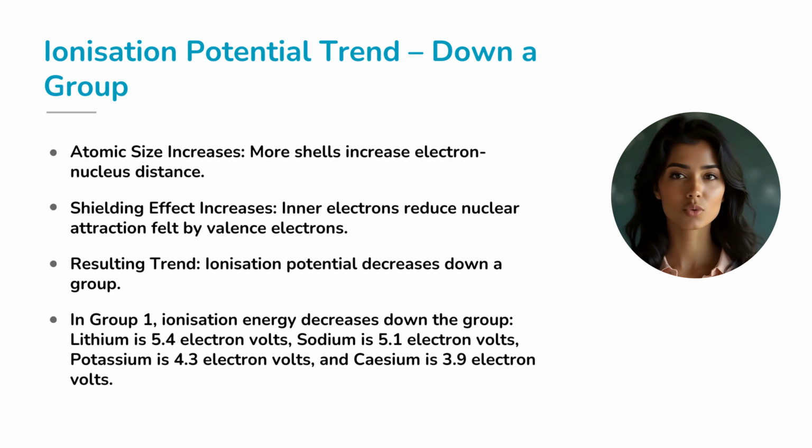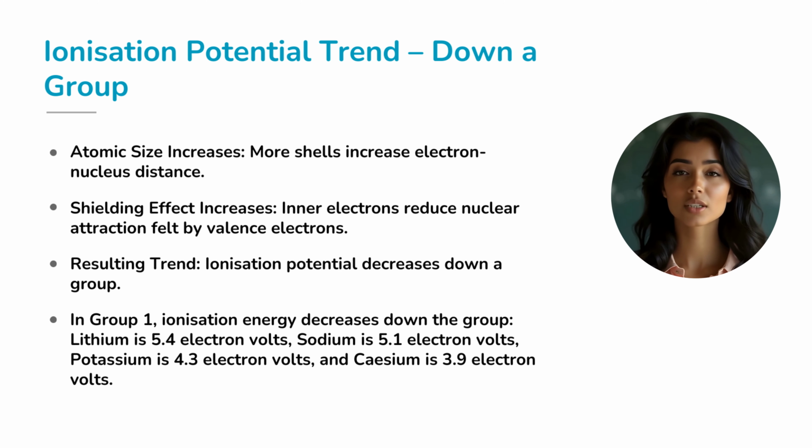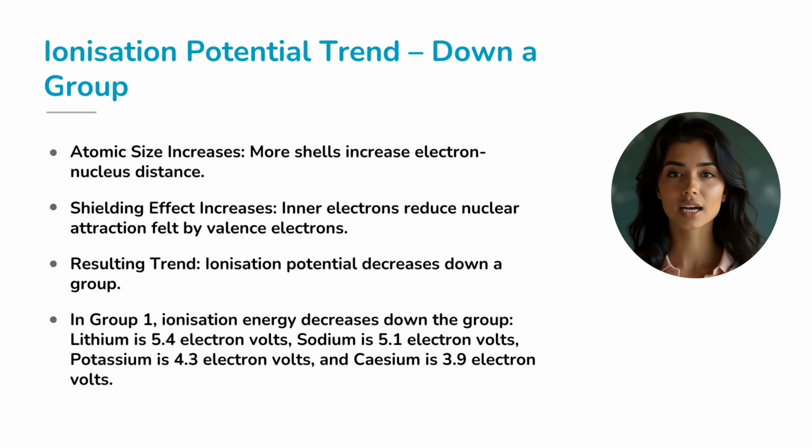As we move downward, atomic radius increases due to the addition of new electron shells. Shielding effect becomes stronger, reducing the effective nuclear attraction on outermost electrons. So what's the result? It becomes easier to remove electrons and hence ionization potential decreases.